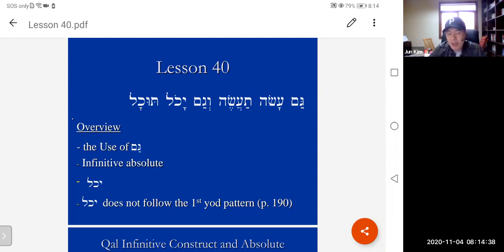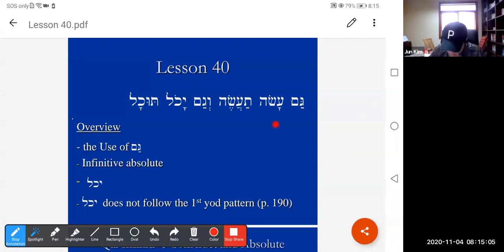Let me tell you the conclusion first. Infinitive absolute will come with two indicators. Number one, the first vowel point is, as you can see, Qamets. This one is asa, the verb asa. And the second vowel point is Holem.